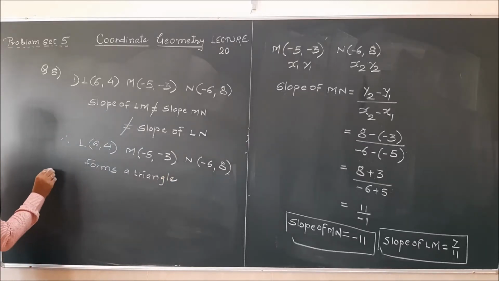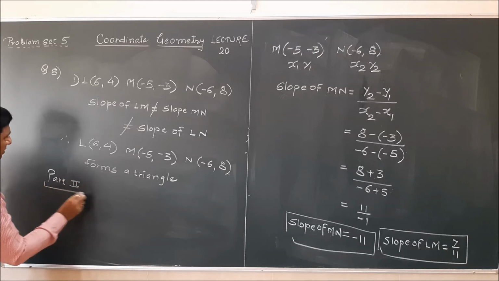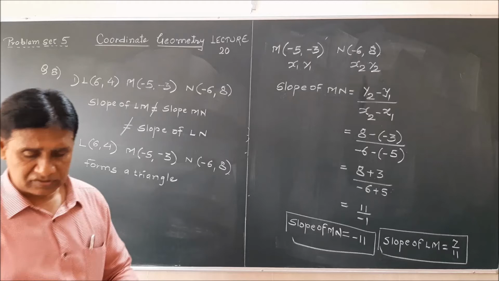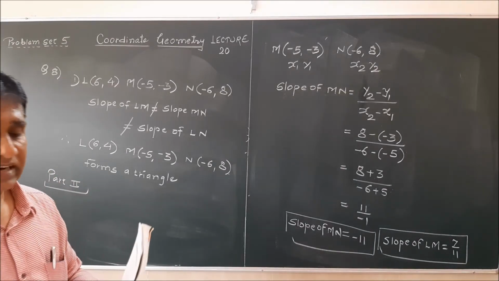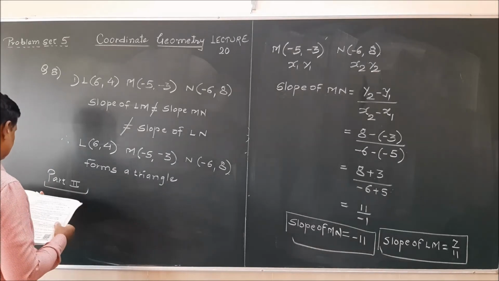Now part 2. We have to decide what type of triangle it is on the basis of their lengths.